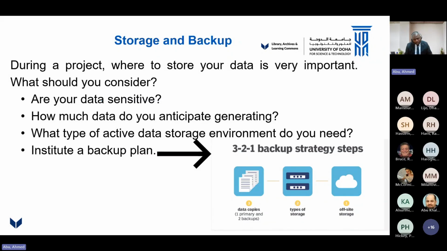You store 2 of your data in 2 different storage systems, and you store 1 in an offsite storage system. That makes it 3. This is a very recognized basic practice. They call it 3-2-1.